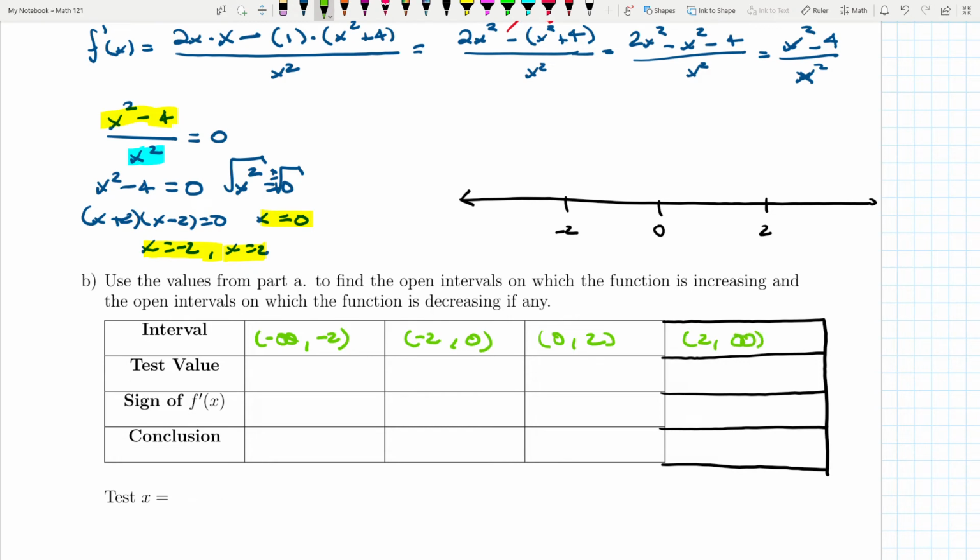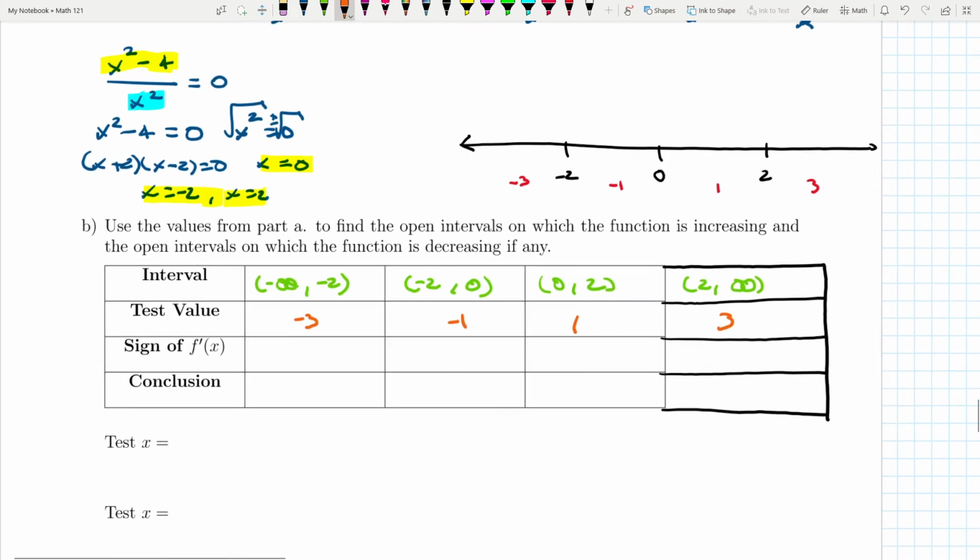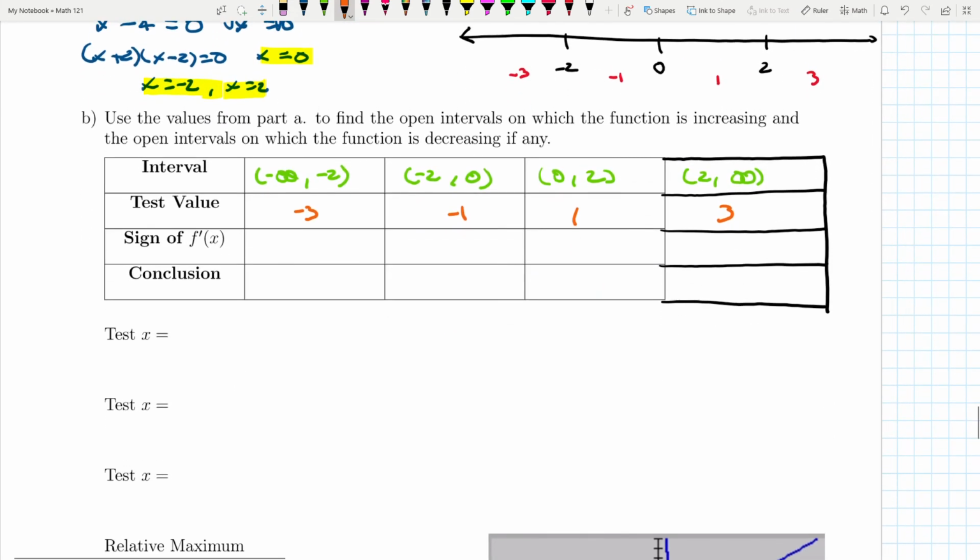Let's pick the test values. Over here, I'm going to go negative 3, negative 1, 1, and 3. Those are the test values that are within each containing interval. So let's write them down here: negative 3, negative 1, 1, and 3. And we are going to test the sign of f prime of x.